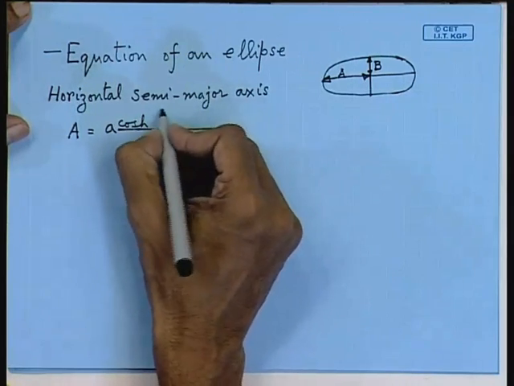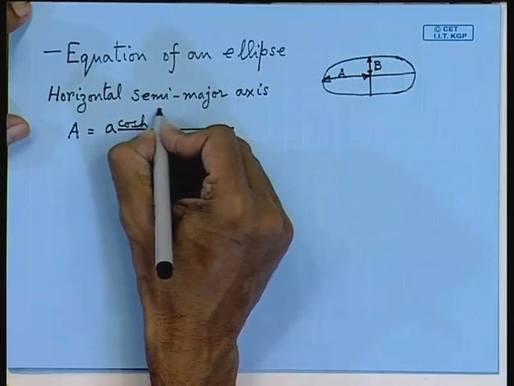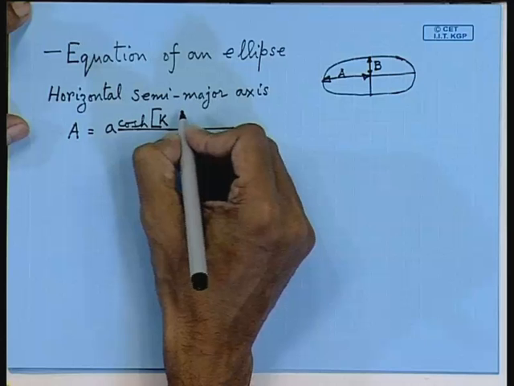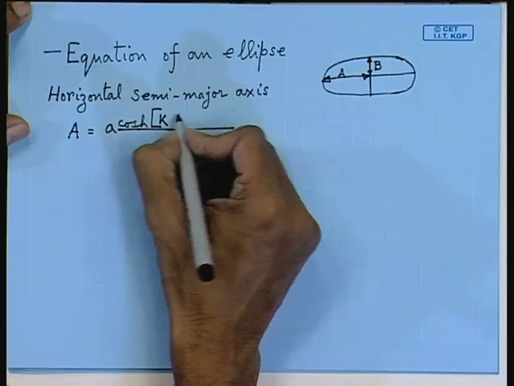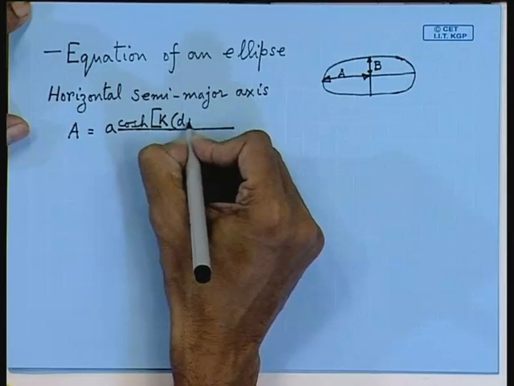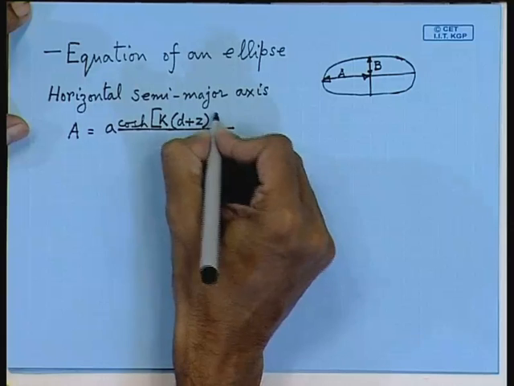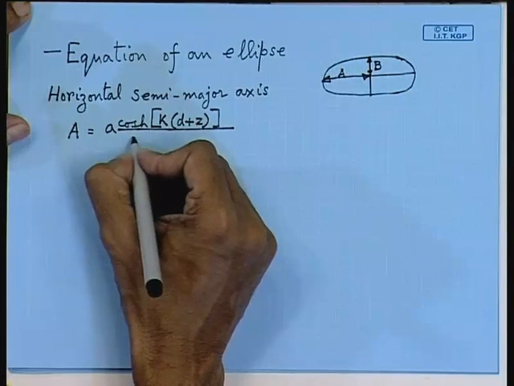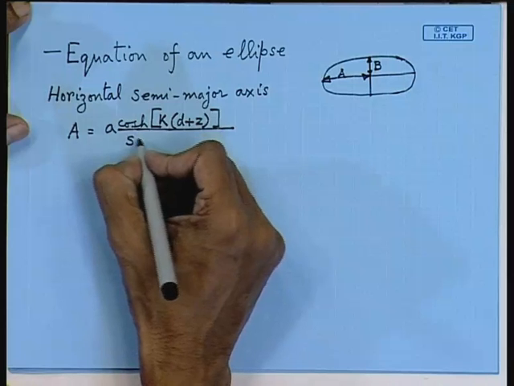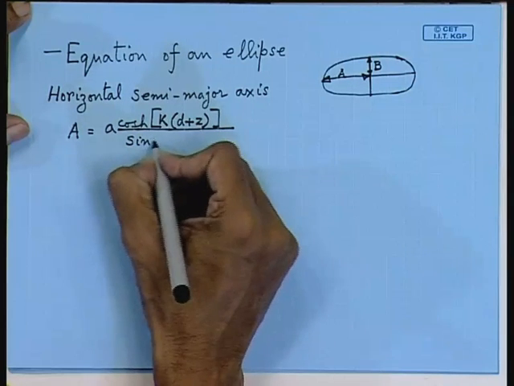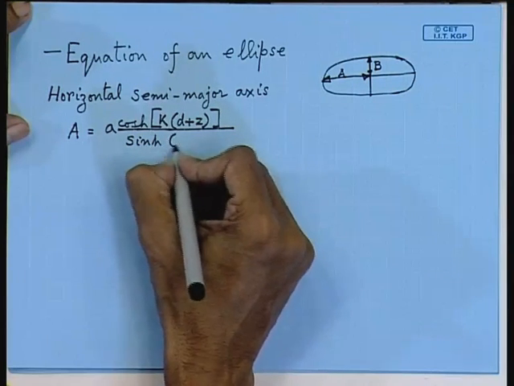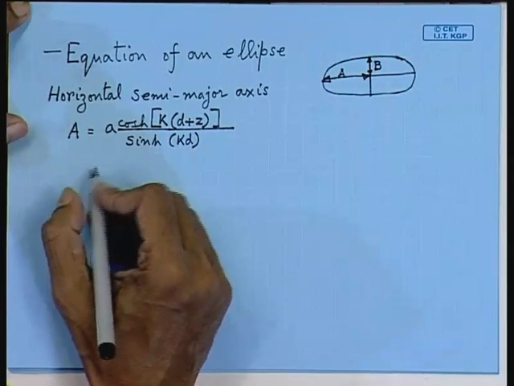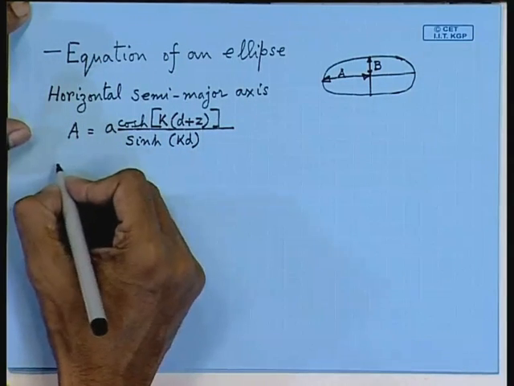There you will find small a is the amplitude of the wave. So, do not mix up between capital A and small a. So, this is the length of your horizontal semi-major axis. Now, you find out what the vertical one is.